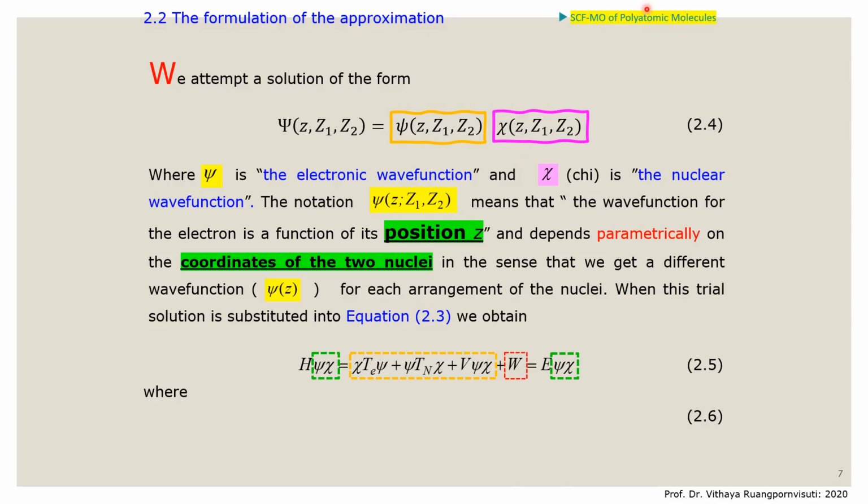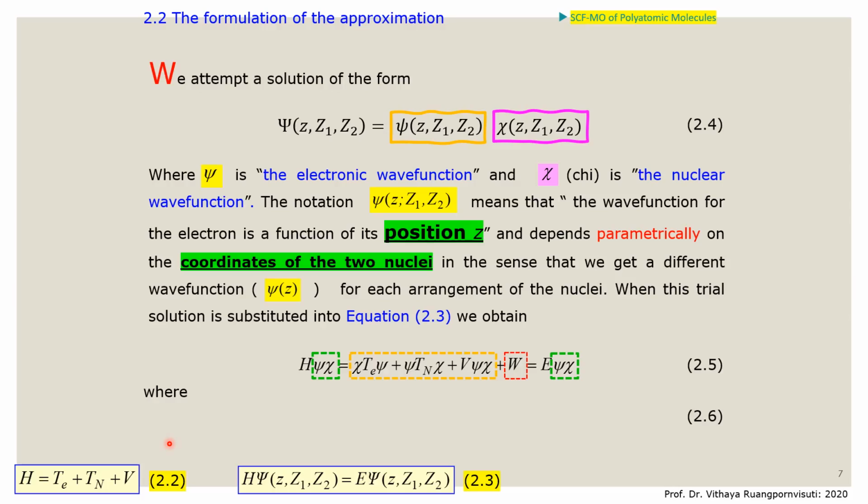If you replace the Hamiltonian operator, equation 2.2, and wave function, equation 2.4, into the Schrödinger equation 2.3, we will get equation 2.5.